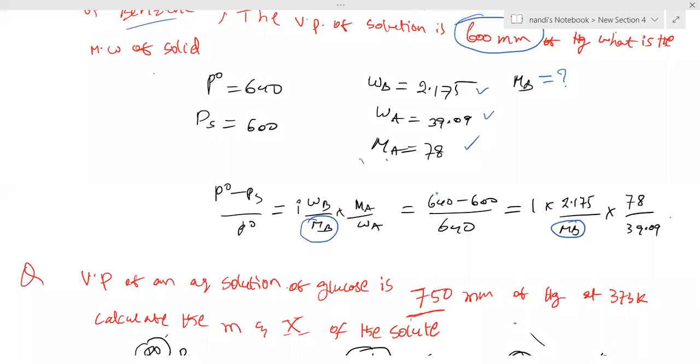Calculate the molality and mole fraction of the solute.